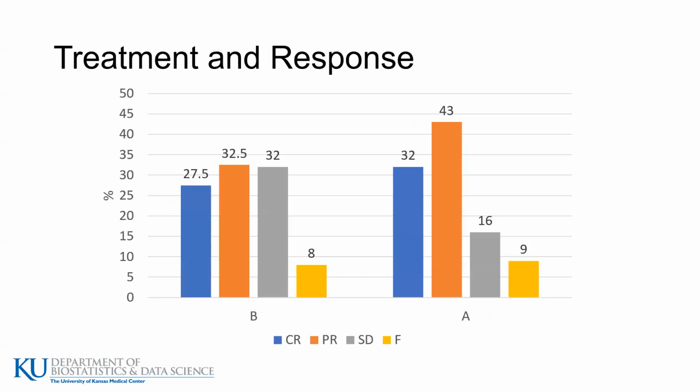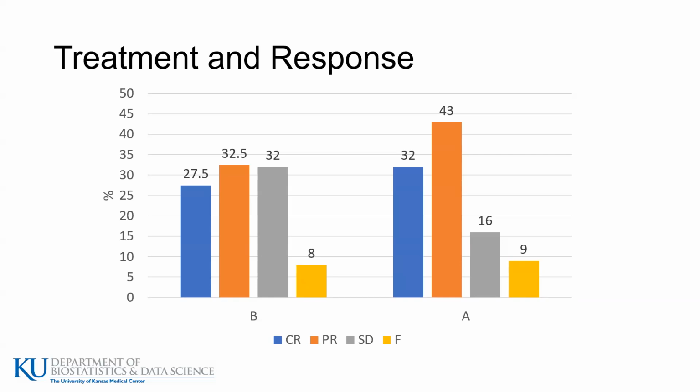So this is probably an easier way to visualize what the counts are between each of the two groups. We can see that there appears to be a difference between the response rates between group A and group B, particularly in the partial response group.